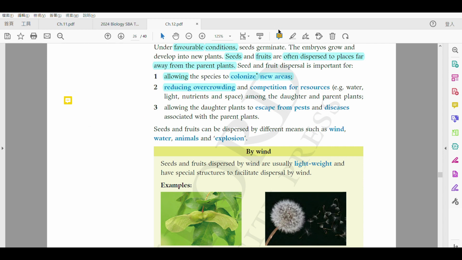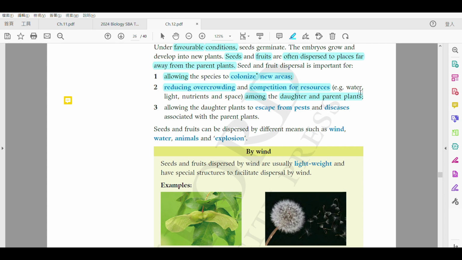At the same time, there is competition for resources between daughter and parent plants. If I am flower A, I can compete with flower B, that is no problem. But if I live very close to my parent plants, then I will have competition for resources with them. That is not a good thing.